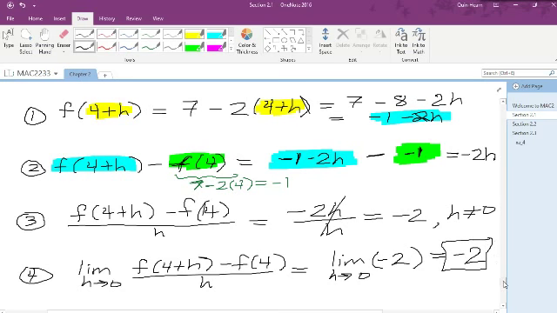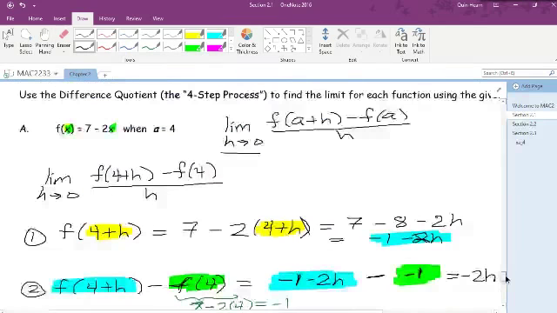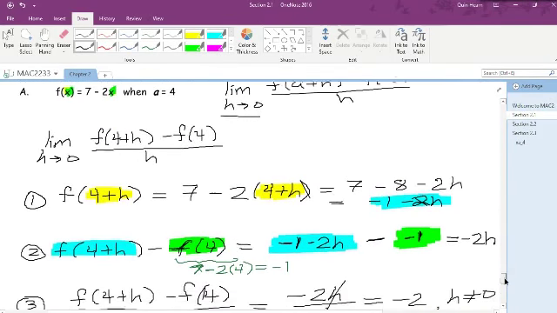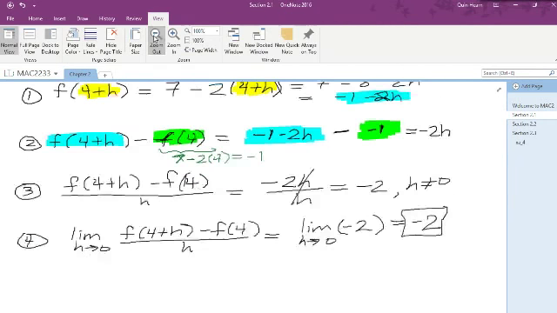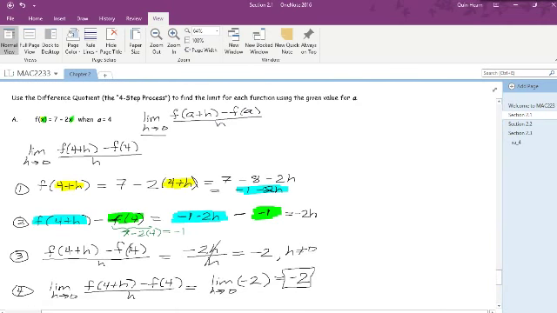Okay, now remember I told you that the difference quotient represents slope. So if you'll notice, I'm going to shrink this a bit, zoom out. In the problem that we started with, we were looking at the function f of x equals 7 minus 2x, which is a linear function with a slope of negative 2.